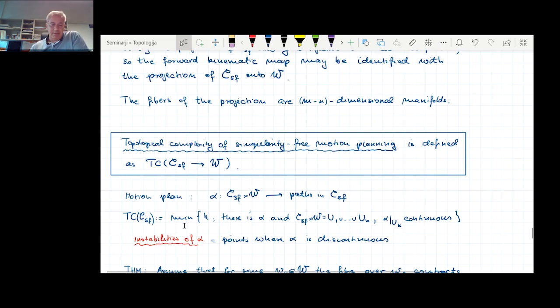Okay, so this was the main part of my talk. So how to model the topological complexity problem and motion planning problem for singularity-free motion planning. Now, of course, now that the thing is defined, I can use the previously developed theory to do some computations.